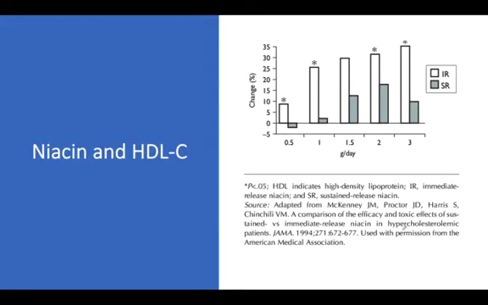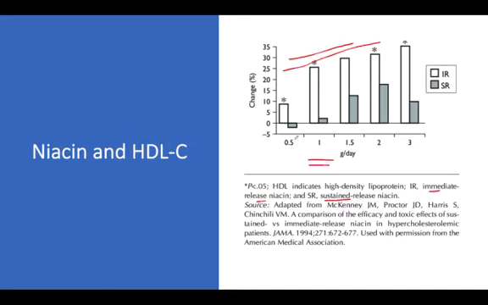So this is a particular study that I wanted to show to you where it is shown that with increasing doses of different forms of niacin, there is elevation in the levels of HDL. In this particular study, they used two forms of niacin, immediate release niacin called IR and sustained release niacin.